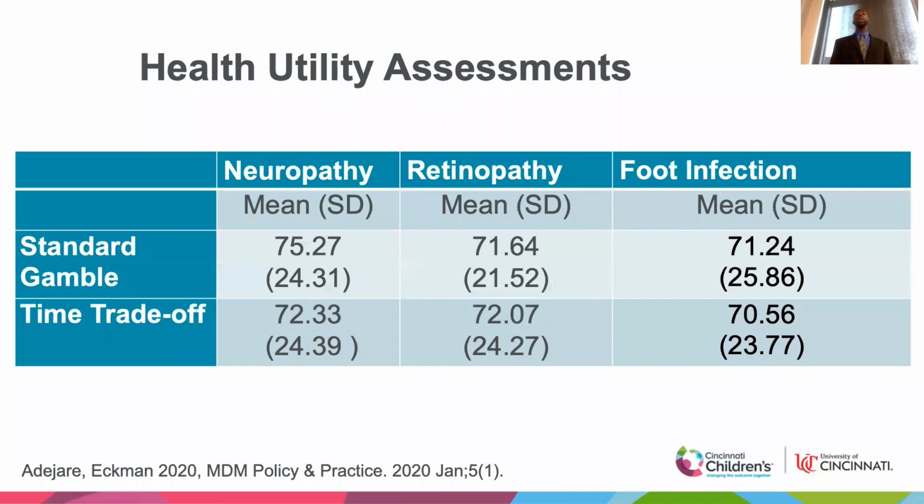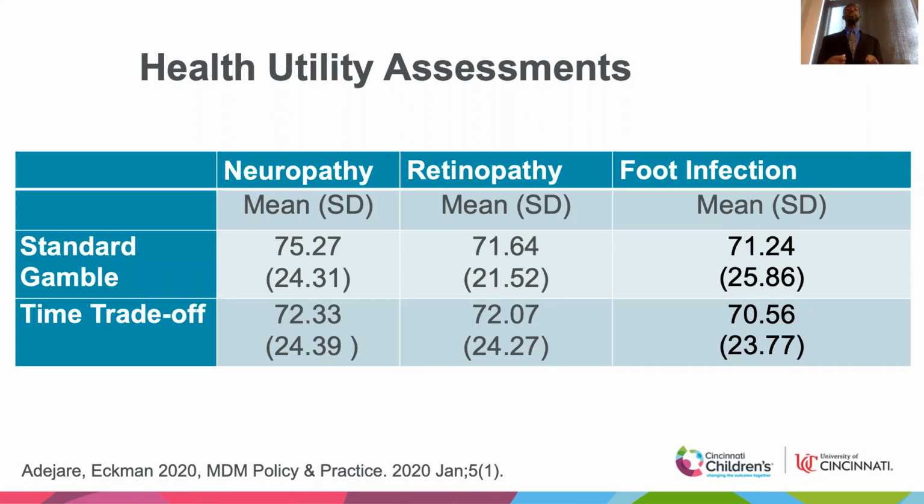Now, when we talk about the tool itself, about the utilities acquired for diabetic neuropathy, diabetic retinopathy, and diabetic foot infection, what we saw for the standard gamble is that neuropathy was the most highly valued health state. The same thing with the time trade-off.